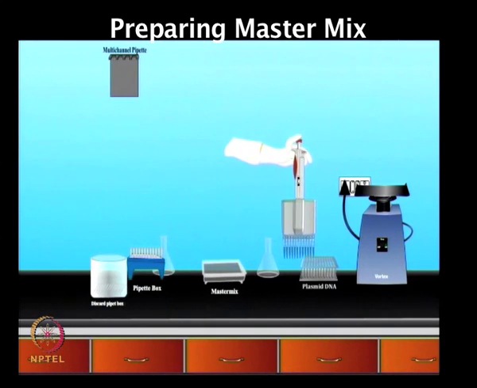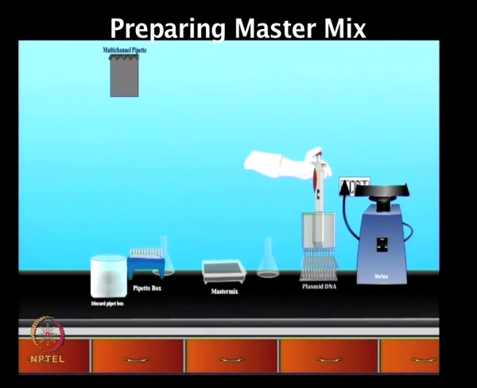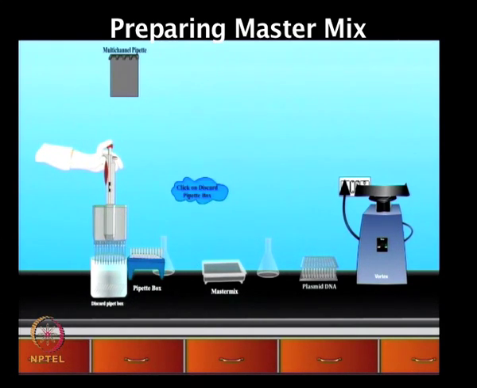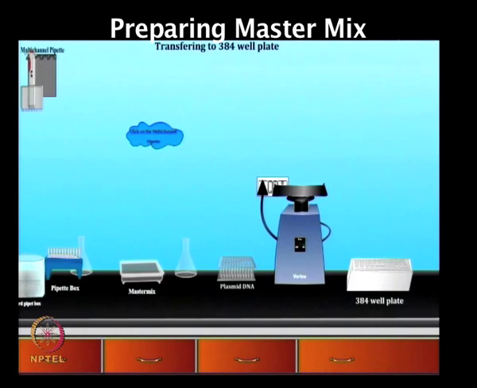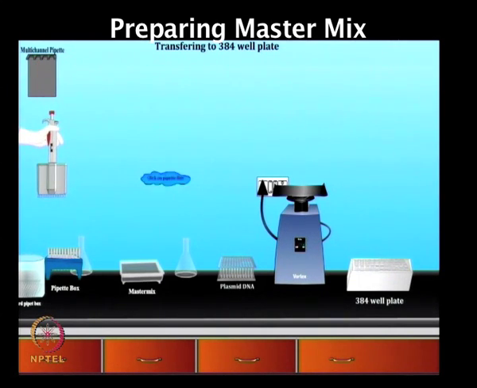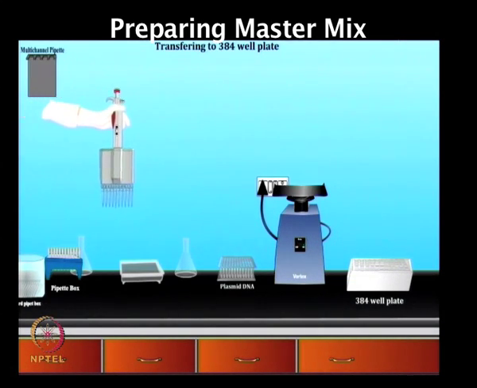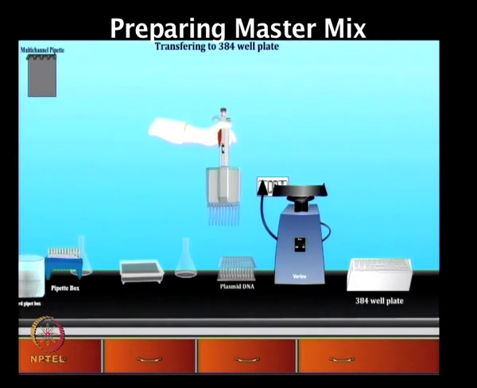Once the master mix is added to all the wells in the block, shake the plate for 15 minutes. For printing, you will require 384 well plates. So, now you need to transfer your master mix containing plasmid DNA from the 96 well plate to the 384 well plate.